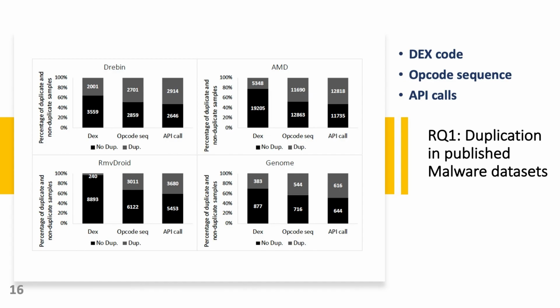Although researchers appear to ensure that datasets are not duplicated at the APK level, we find that the relevant in-APK components may be duplicated. The other 3 within-dataset duplications are summarized in this figure: DEX code, opcode sequence, and API calls.